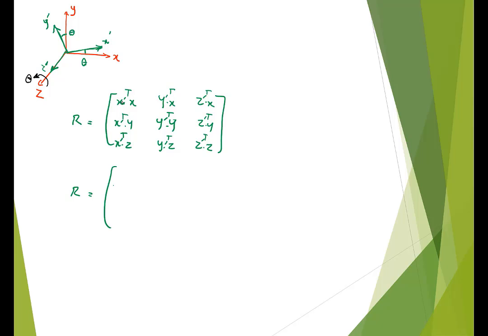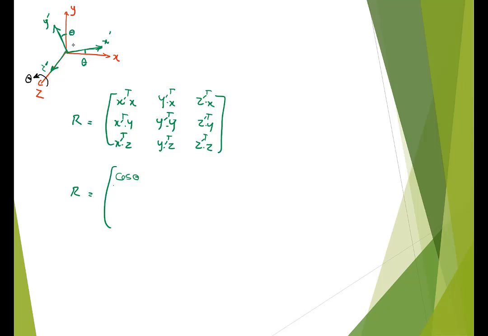Now look at this figure. What is x prime transpose x? x prime times x, or x prime dot x. These are unit vectors, and the dot product of x prime and x would be the length of x prime times the length of x, which are both 1, times the cosine of the angle between them, cosine of theta. What would be x prime dot y?